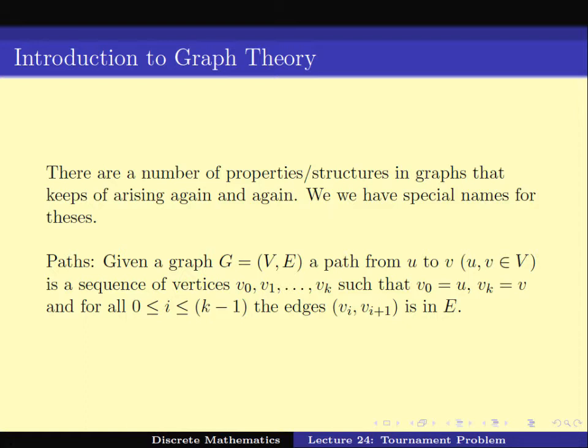Given a graph, a path from u to v is a sequence of vertices v0 to vk, where k can be any number, such that the first one is u, the last one is v, and for all i there must be an edge from vi to vi plus 1, that is, (vi, vi plus 1) is in the edge set. So this is called a path.